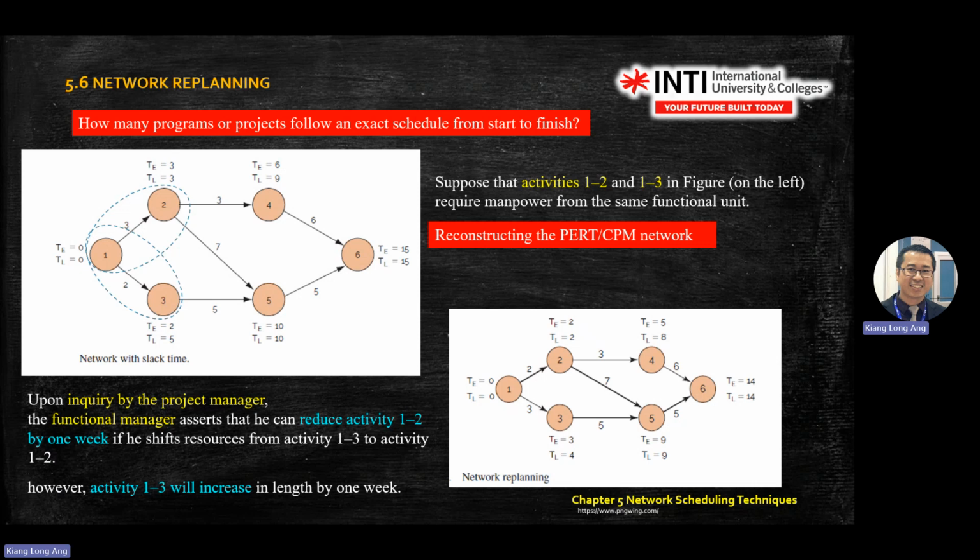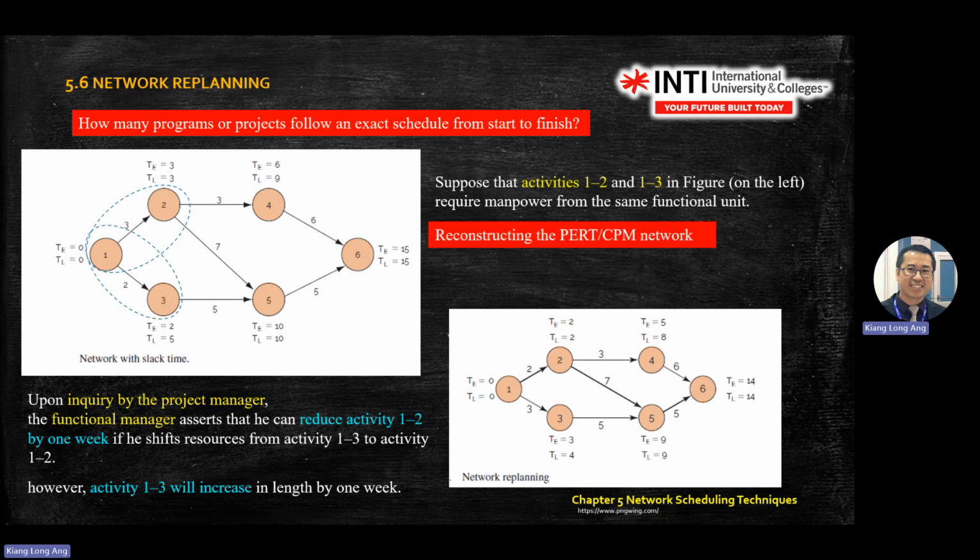So in Wednesday's class, the previous class, what we did was with one set. Then what if the question continues to ask you, is there any way to reconstruct or replan the network? Means you play around, you try to switch, look at the diagram.